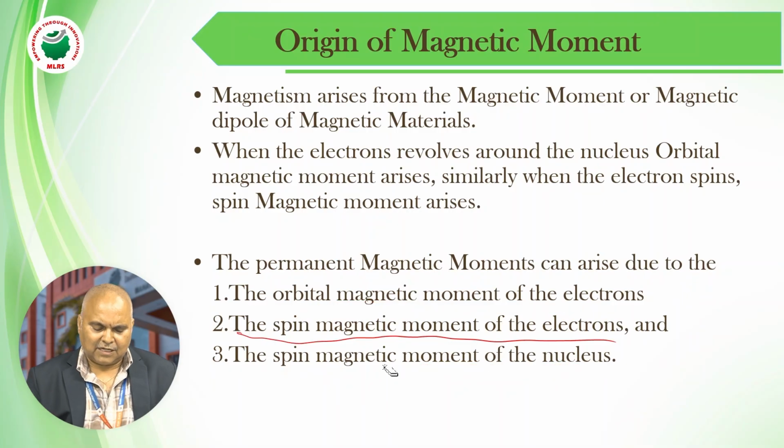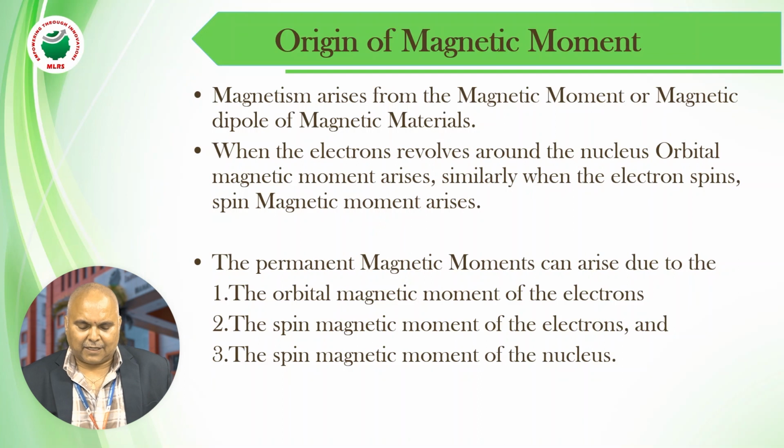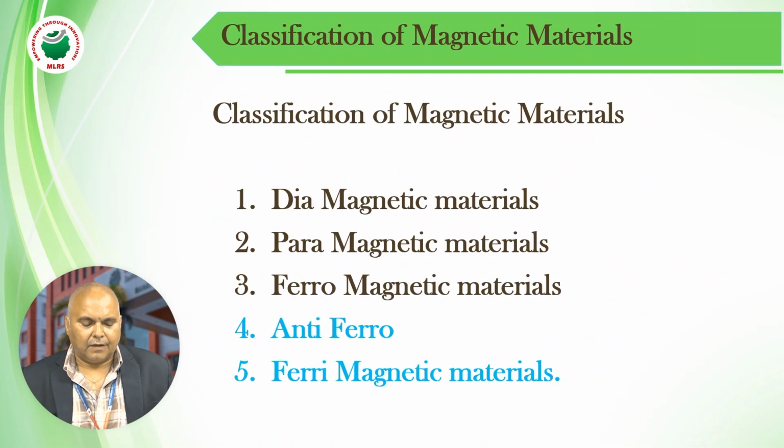So this is the origin of magnetic moment; there are three types of mechanisms that generate the magnetic moments. Depending on this magnetic moment value and whether it is positive or negative, the materials are classified into five types. Classification of magnetic materials in terms of magnetic moment: first, a diamagnetic material.